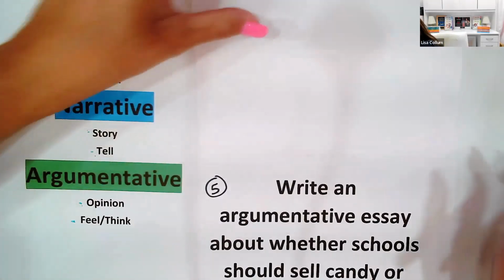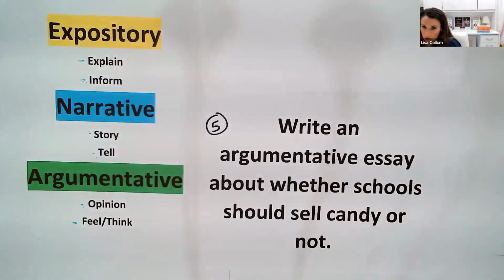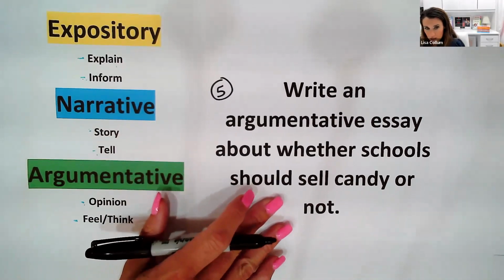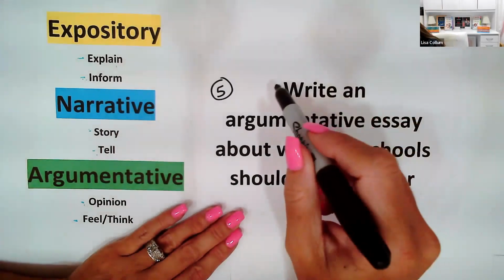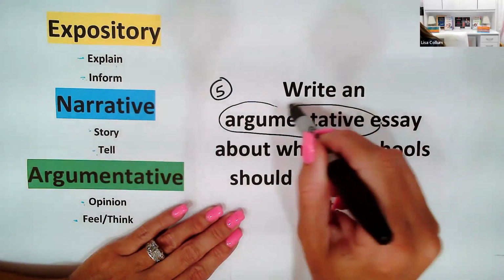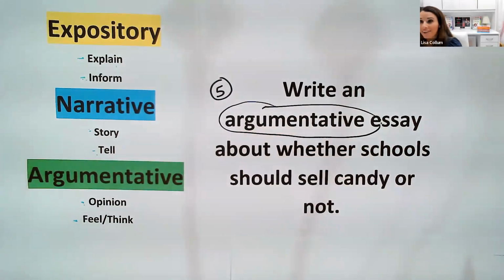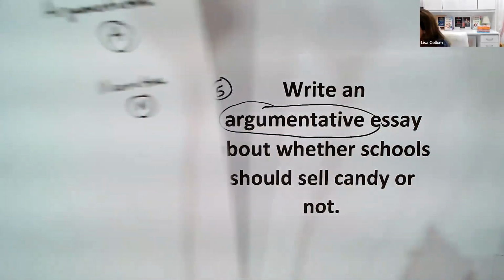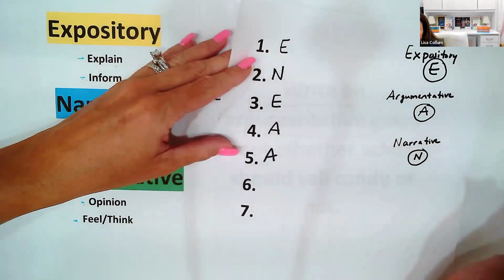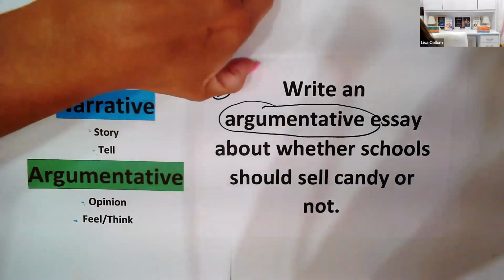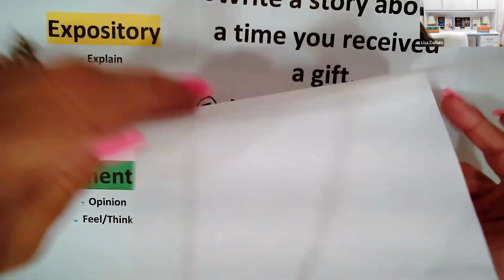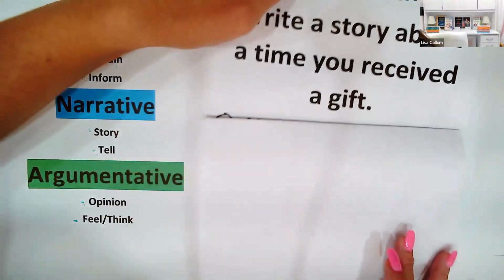Number 5, write an argumentative essay about whether schools should sell candy or not. This was the one that I said was easy because the key word is argumentative, which means it's an argumentative essay. So for number 5, you should have an A. Number 6, write a story about a time you received a gift.